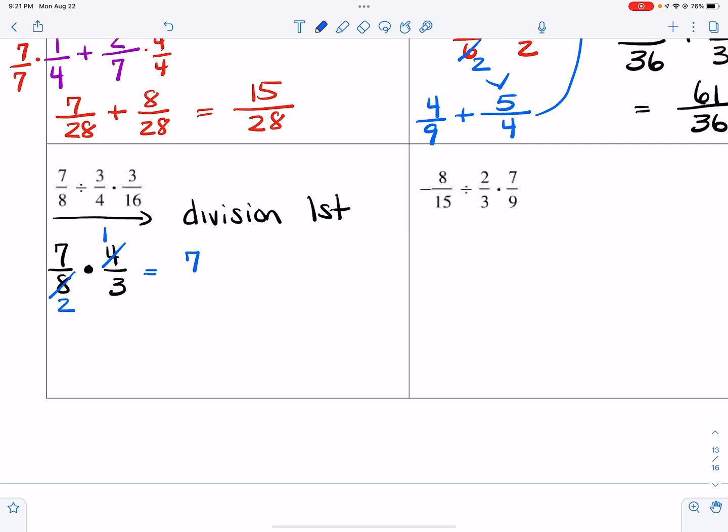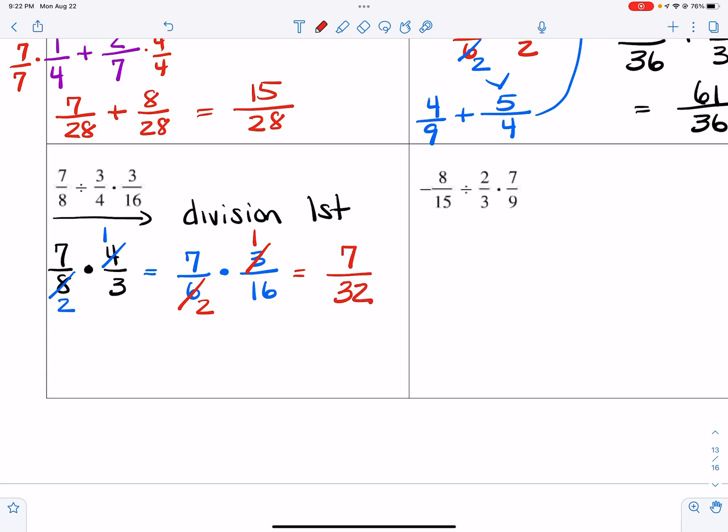So that becomes 7/6, and then I bring down the 3/16. Again, I'm going to simplify. 3 goes into 3, 3 goes into 6, 7 times 1 is 7, and 2 times 16 is 32.